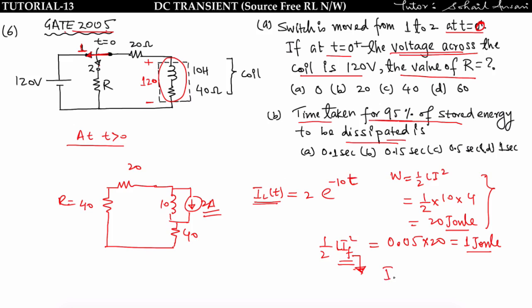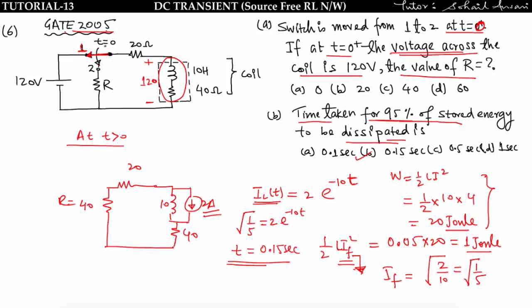So IF is equal to square root of 2 by 10, that is square root of 1 by 5. Now put iL of t equal to square root of 1 by 5 equal to 2 e to the power minus 10t. You will get t is equal to 0.15 second. Okay, so option B is correct.